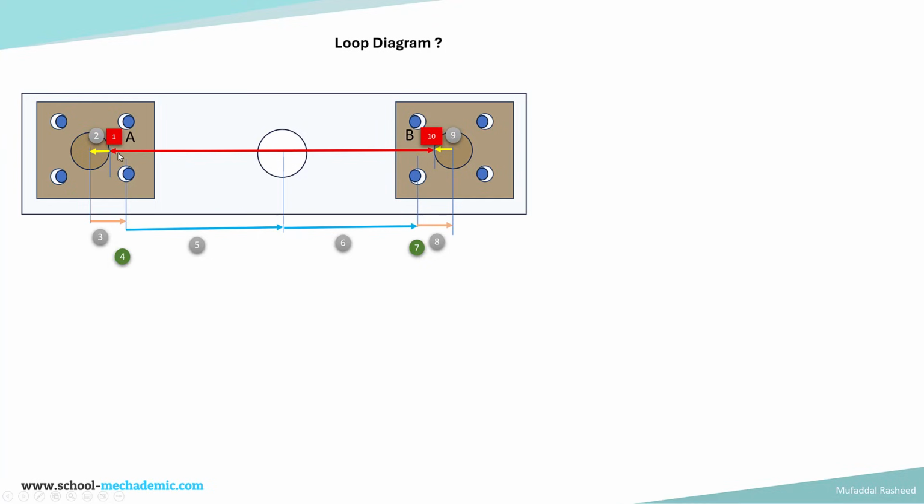Let's start from A and go towards B. So this is the edge of the post. So from that we are going towards the center of the post, center axis of the post. Before that, there is a variation in the angle of the post which will cause the increase in the gap.